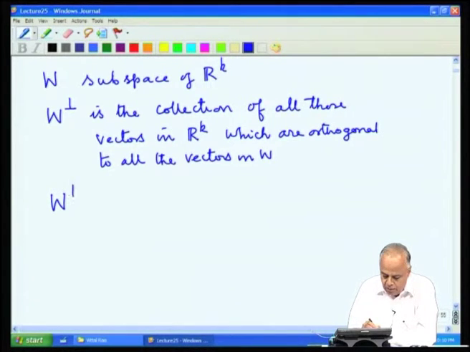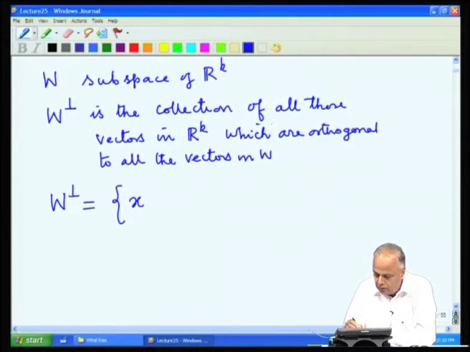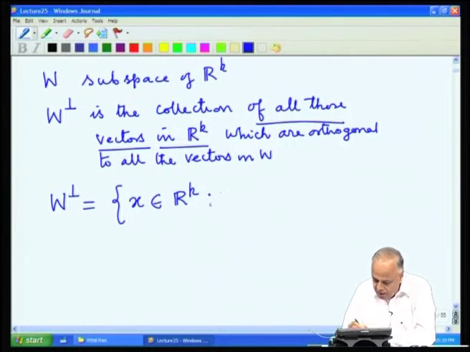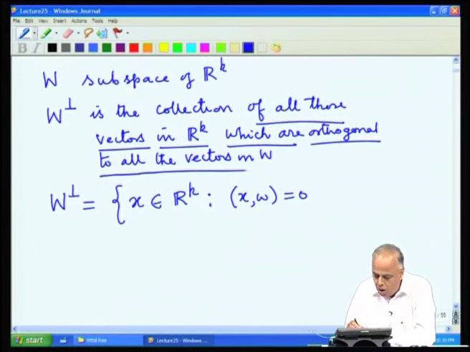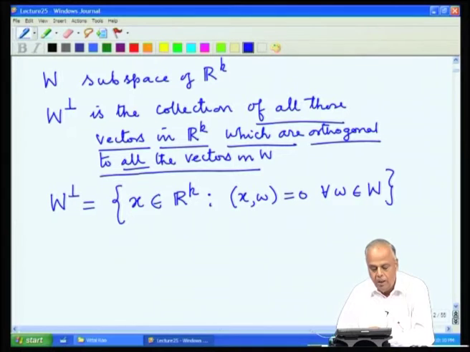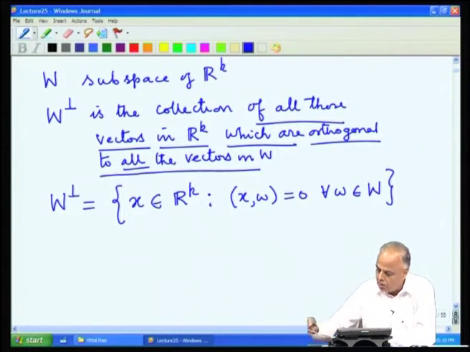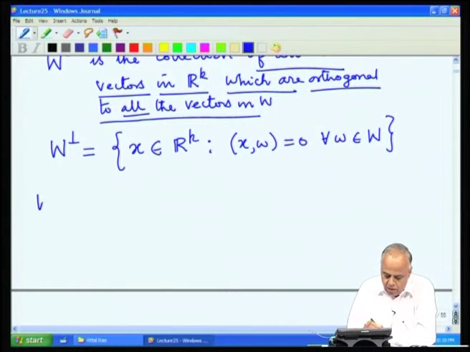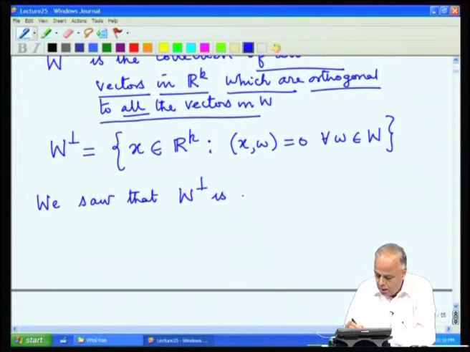So mathematically we can write in symbols, W perp is the set of all those vectors x in R^k such that (x, w) must be 0, orthogonal to all the vectors, that is, for every w in W. So W perp is the set of all the vectors in R^k which are orthogonal to all the vectors in W. We saw that W perp is a subspace of R^k.